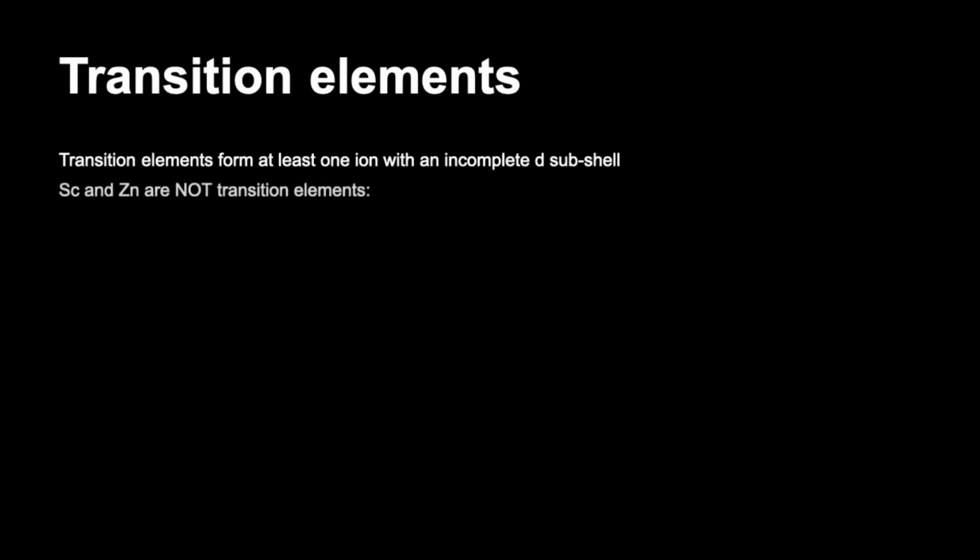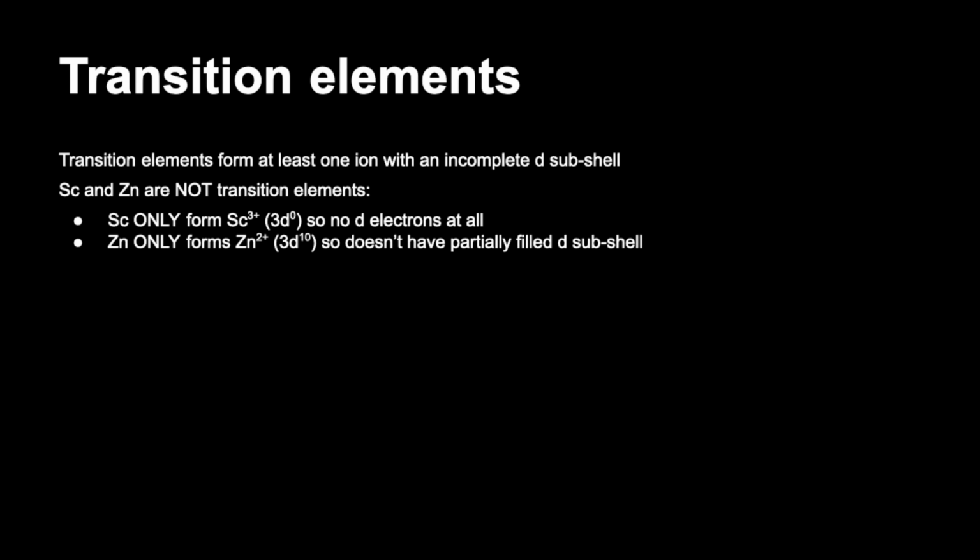Moving on to the transition elements topic. A transition element forms at least one ion with an incomplete d subshell. Scandium and zinc are not transition elements, and that's because scandium only forms the Sc3+ ion, so it doesn't have any d electrons at all.